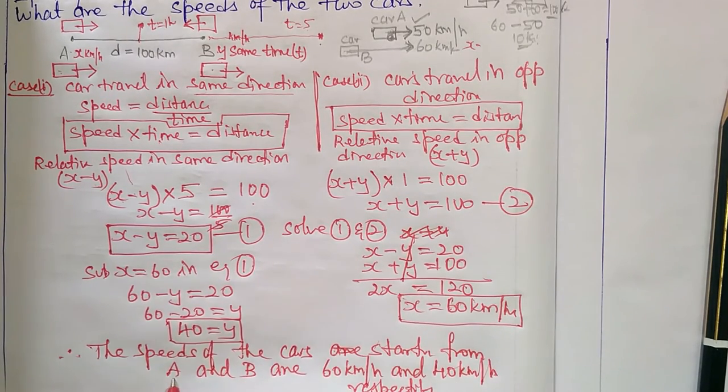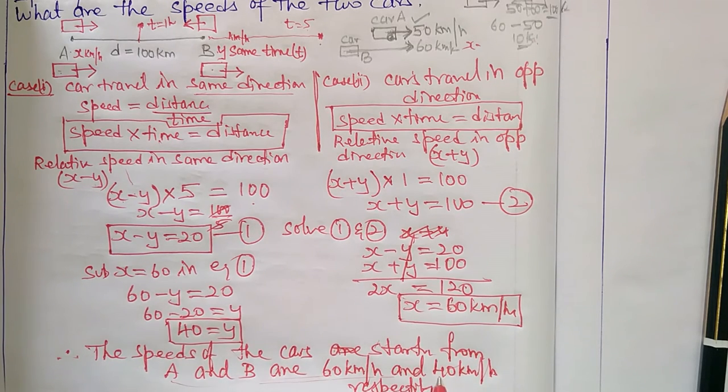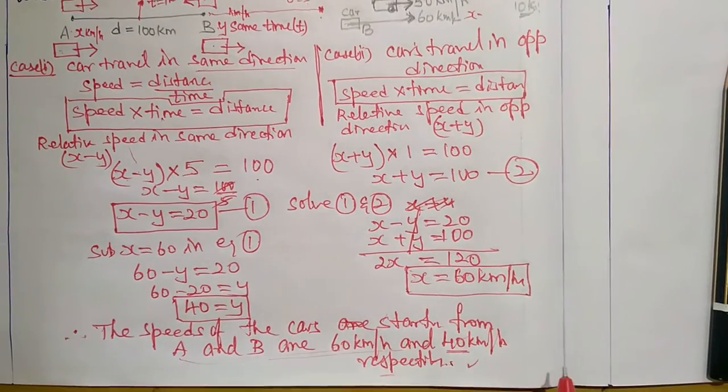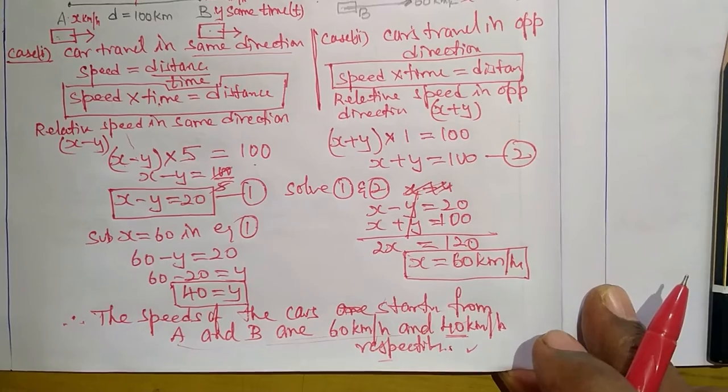Respectively means the speed of the car that starts from A is 60, and the speed of the car that starts from B is 40 kilometers per hour. This is how we have to complete the problem here.